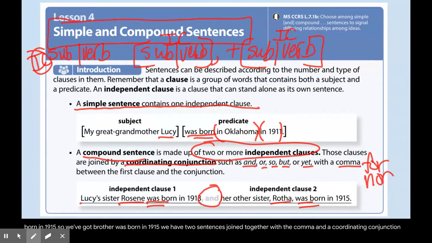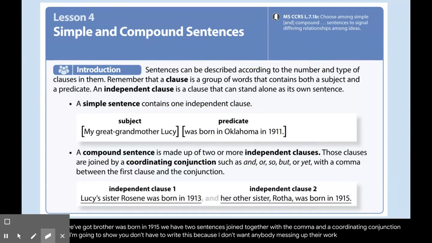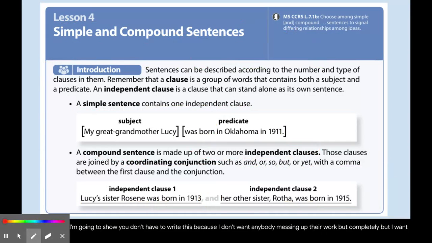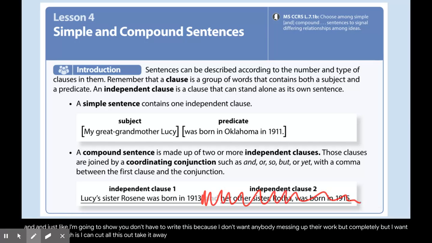And just like I'm going to show you, you don't have to write this because I don't want anybody messing up their workbook completely. What I want you to see, though, is I can cut all this out, take it away, put a period right there, and I have a complete sentence all on its own. Lucy's sister, Rosalie, was born in 1913, period. All right.